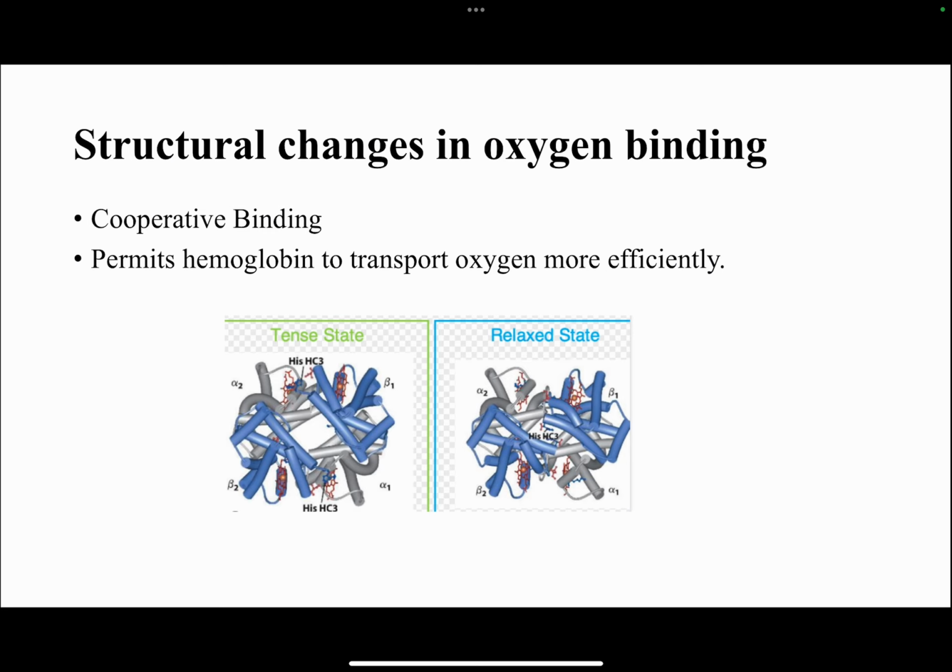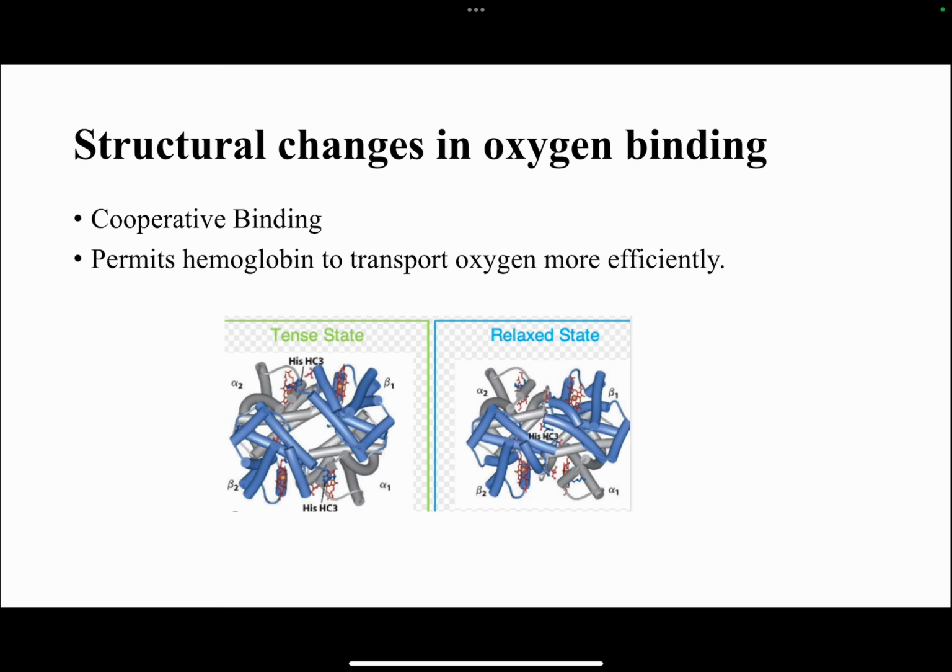As oxygen binds to the heme group, it undergoes some structural or conformational changes. The one I'm going to be talking about is called cooperative binding. As the oxygen binds to the heme group, hemoglobin undergoes a conformational change.